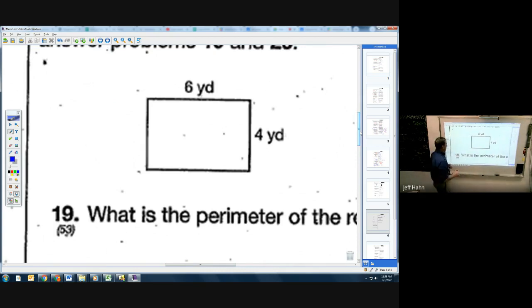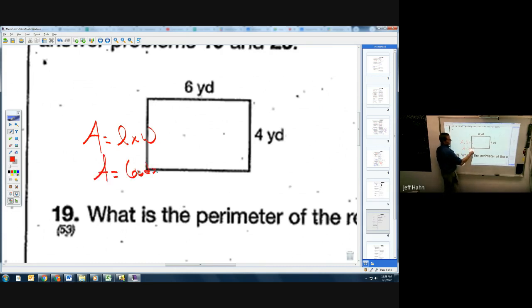So how do you find the area, Gav? See, there's where you went wrong. That's perimeter. Area is length times width. So area should be 6 yards times 4 yards. And that equals 24 yards squared. Did I get you there?